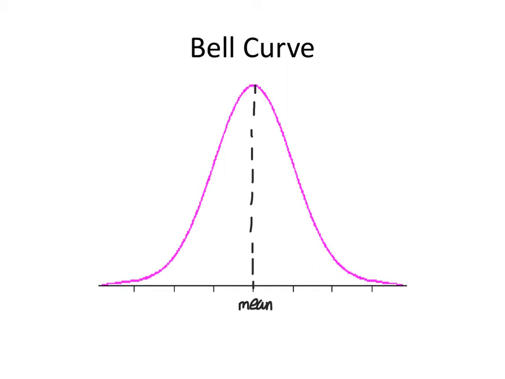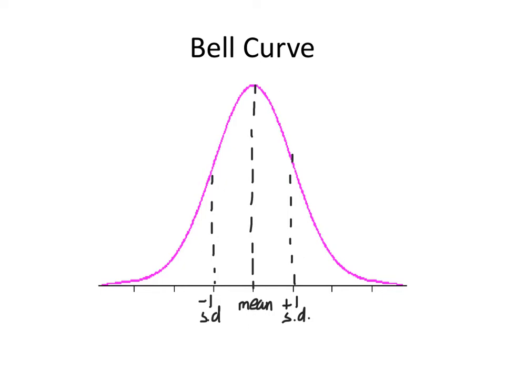If we go out one standard deviation, and by that I mean we take the mean and then we add one standard deviation, then we can draw a line here. And we subtract one standard deviation on the other side, and draw a line here.